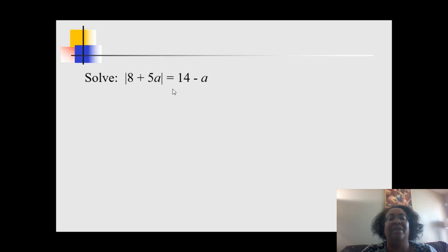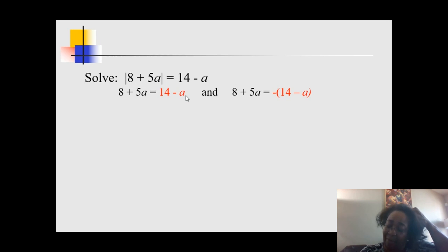Okay, now the variable is not isolated on this one at all. So we are going to, first of all, take the answer that's got the variable in it. There's no absolute value on this at all.